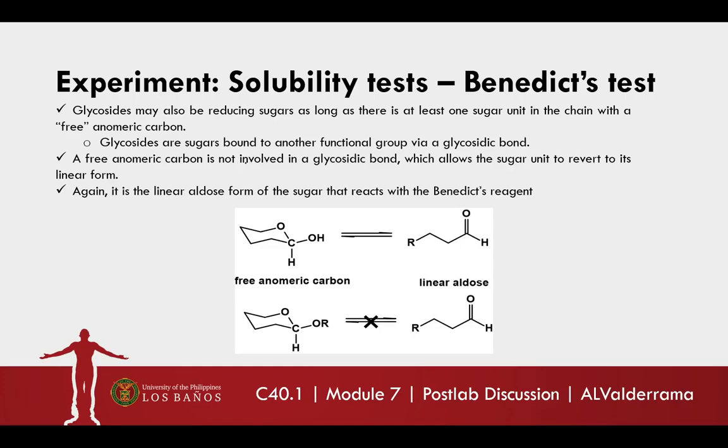So, kapag yung ating naka-chain na sugar ay hindi kaya mag-form ng linear form, so hindi siya nagpo-proceed sa reaction with Benedict's test. So, nagkakaroon ng no reaction. So, ang reducing sugar natin is, again, kapag meron kang free anomeric carbon. So, kapag free yung anomeric carbon, nagkakaroon ng reaction with Benedict's test.